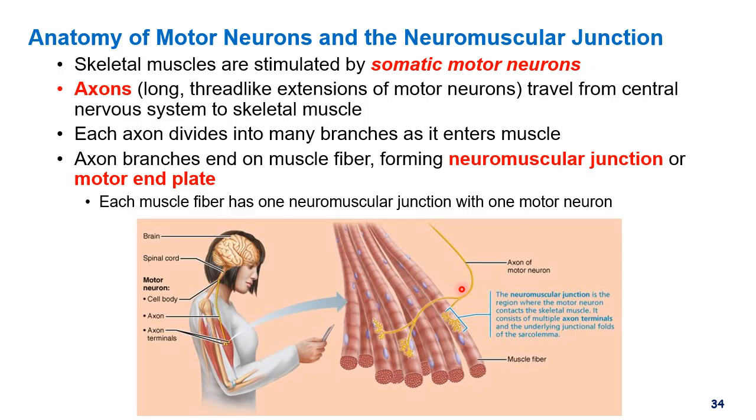When this axon meets the muscle fiber, you call it a neuromuscular junction. There are two names for that: you can call it a neuromuscular junction, or you can call it motor end plate. It's the same thing.